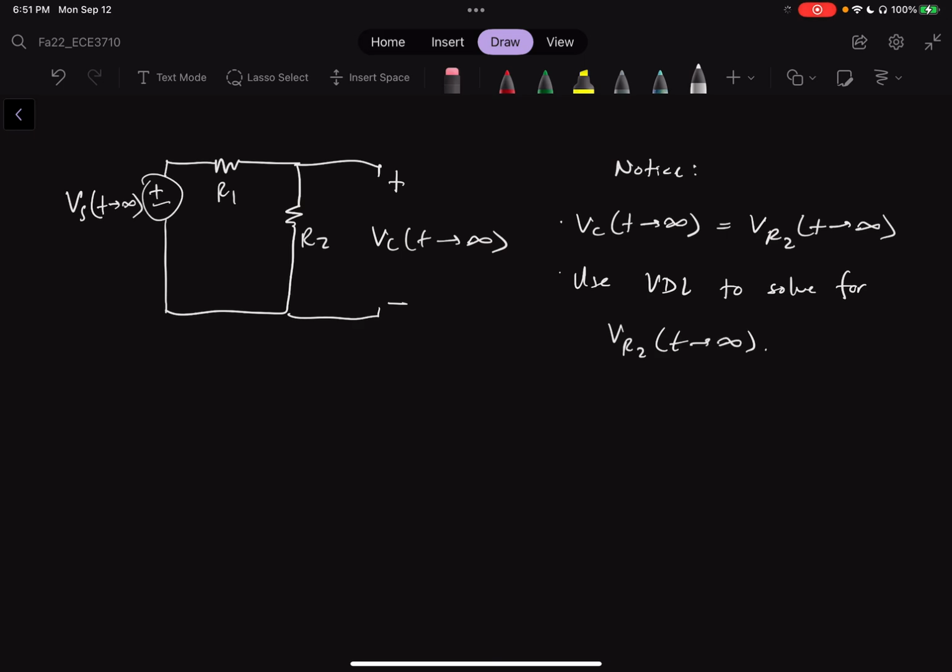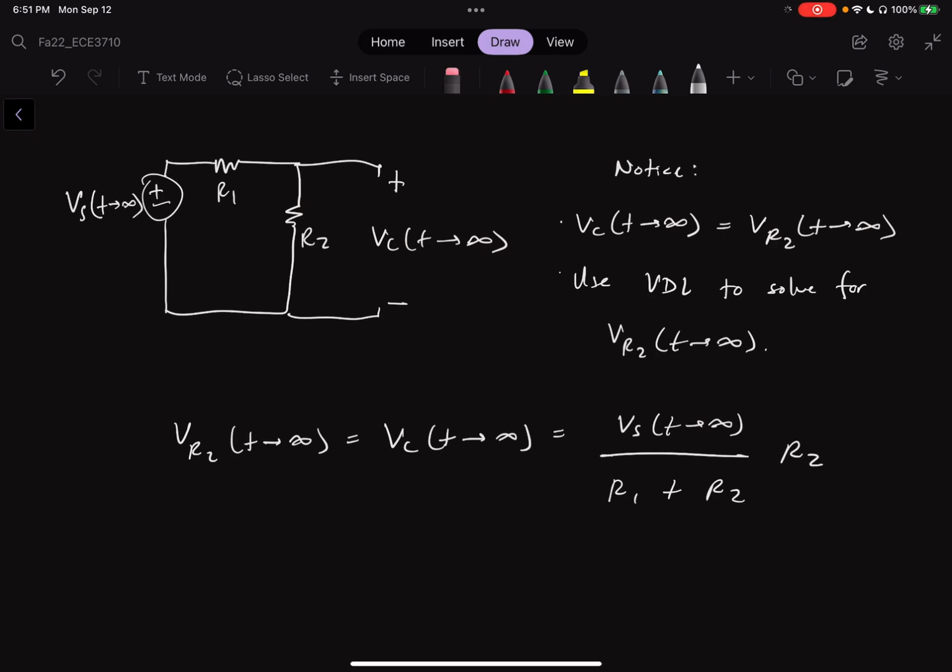So let's do that. VR2 as t approaching infinity is equal to the voltage across the capacitor as t approaches infinity, which is equal to the voltage of the supply as t approaches infinity, divided by R1 plus R2 times R2.